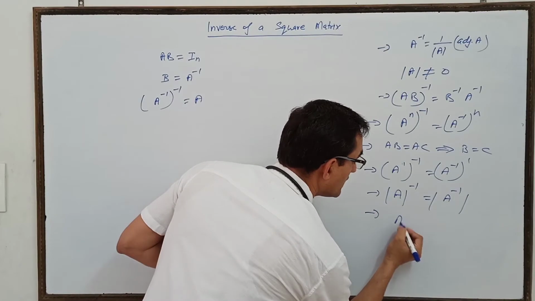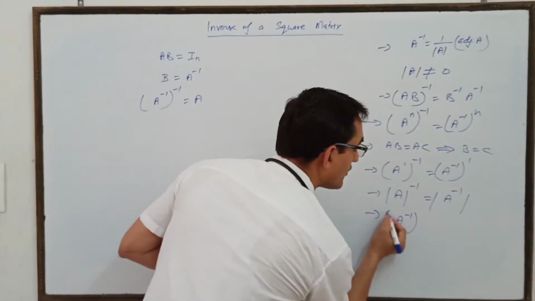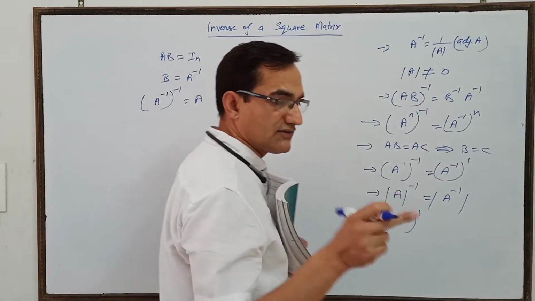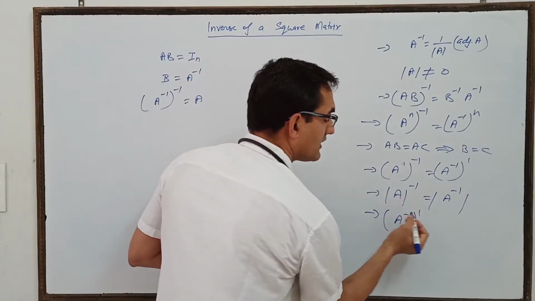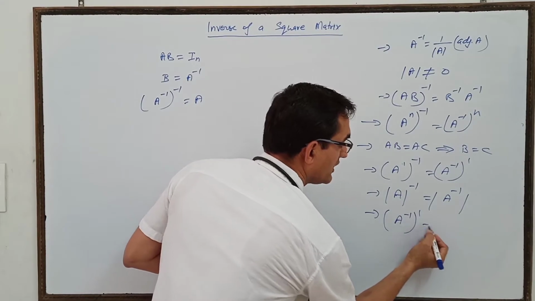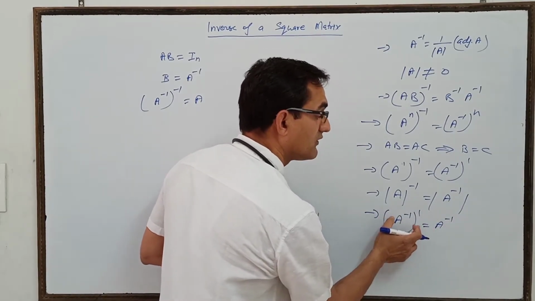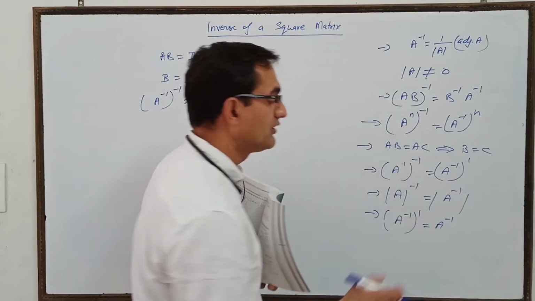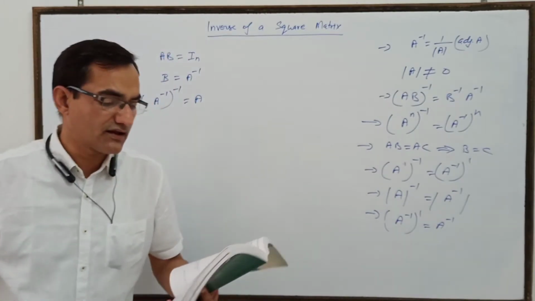It means A is a symmetric matrix and it is also invertible, then the transpose of inverse of A will be equal to inverse of A, which means the inverse of A will also be symmetric because its transpose is equal to itself. Is it clear?